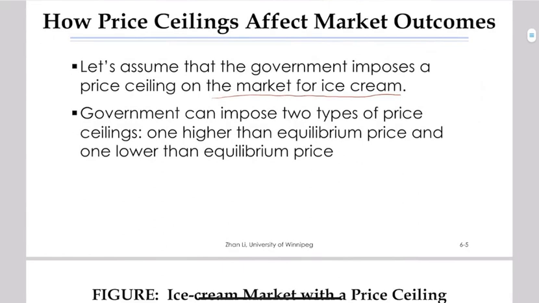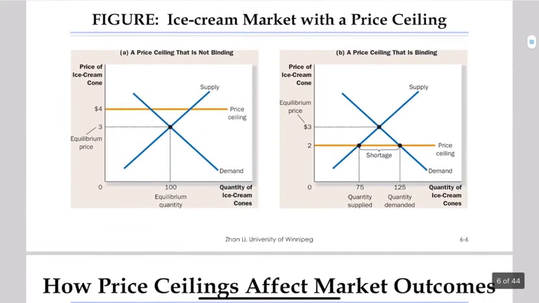There are two possible results if a price ceiling is imposed. The first is that the price ceiling is higher than the equilibrium price. The second is that the price ceiling is lower than the equilibrium price. So let's see what kind of equilibrium price and equilibrium quantities we can get under these two scenarios.